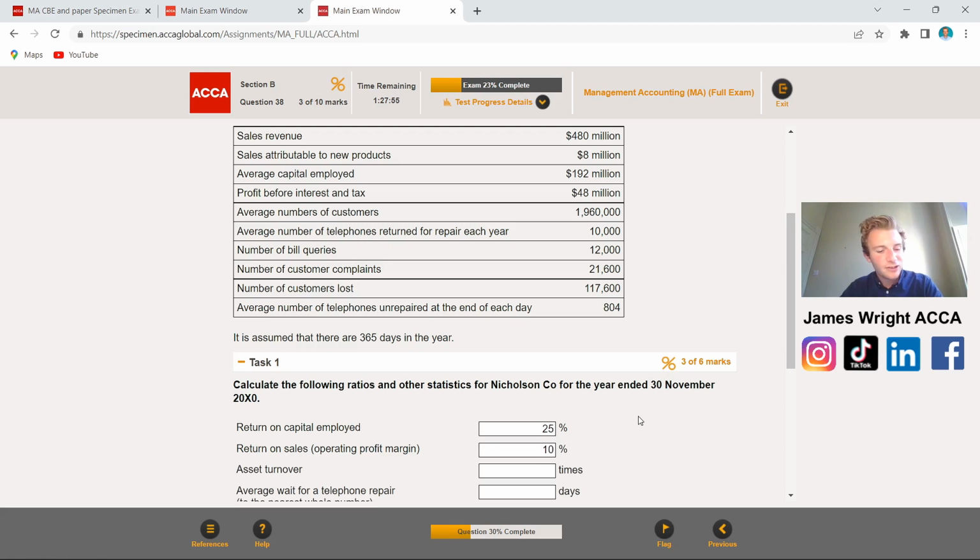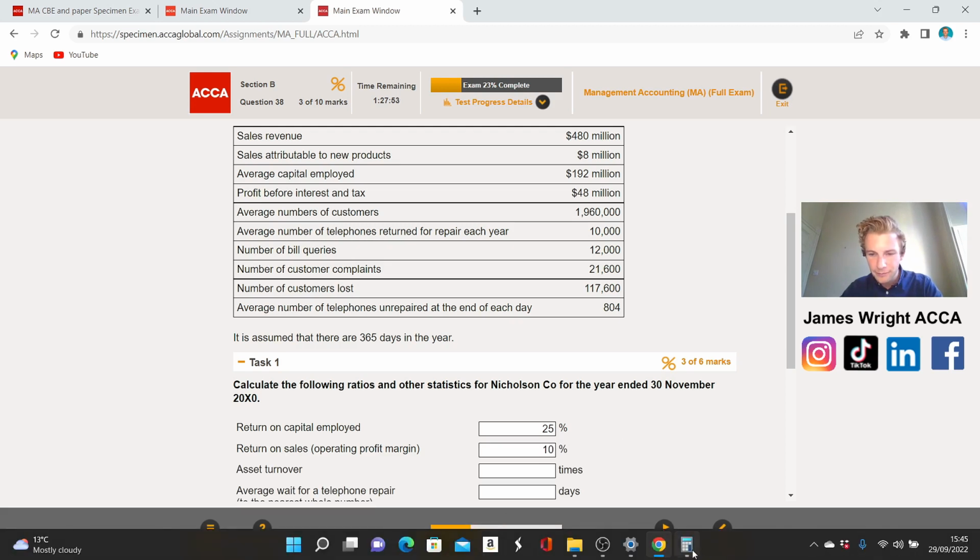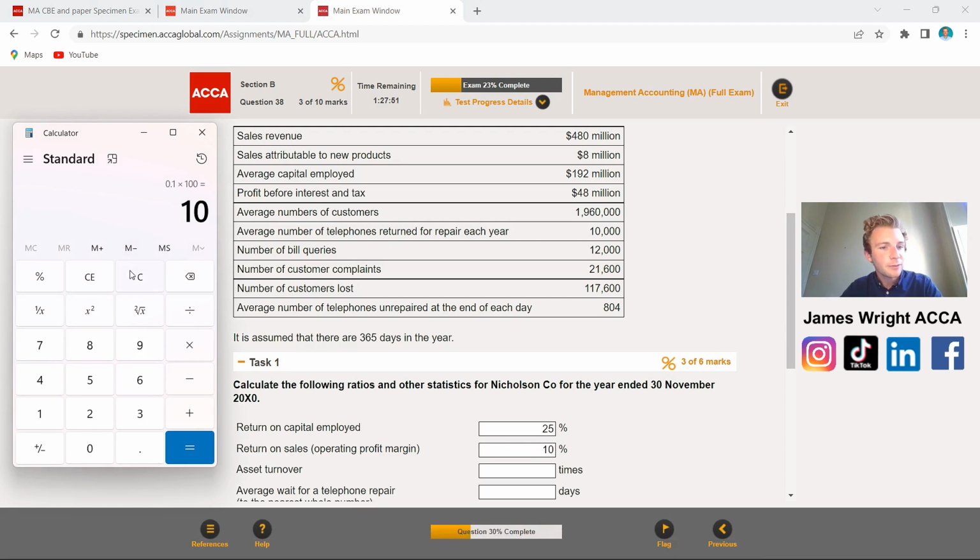We've got the asset turnover now, so let me just pull up the calculator again. This is all about the actual revenue of 480, and then this is all based on the capital employed. Capital employed is all about what money has been invested into the business, whether in the form of debt or equity.